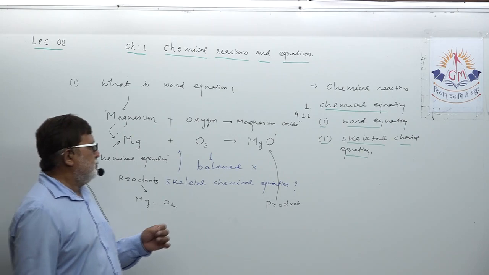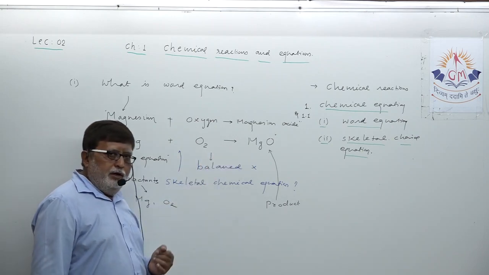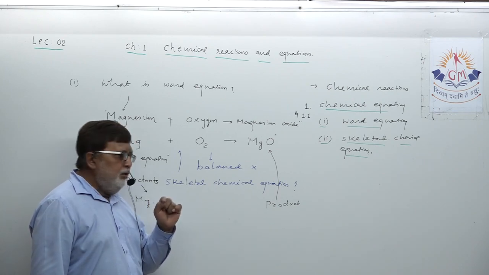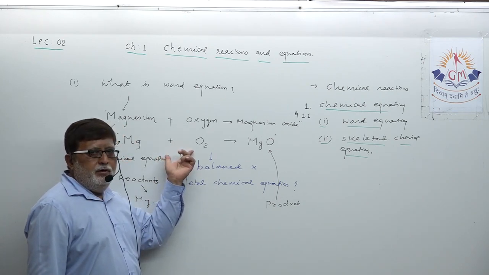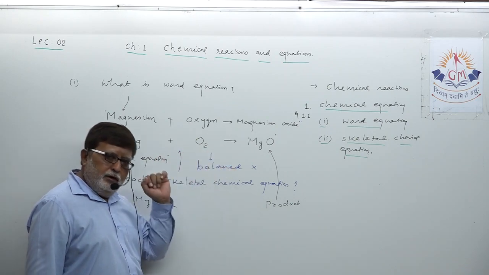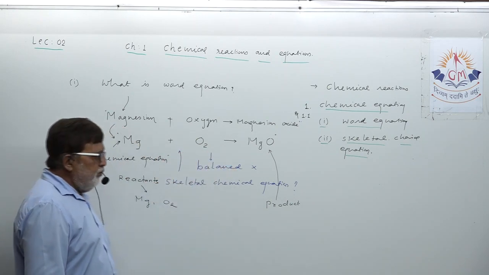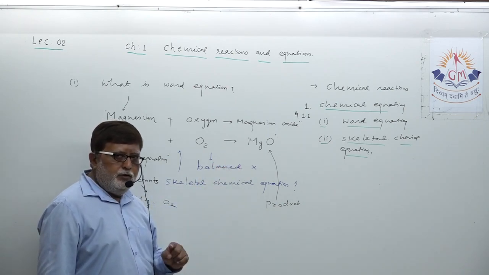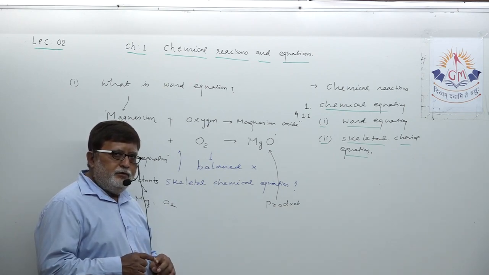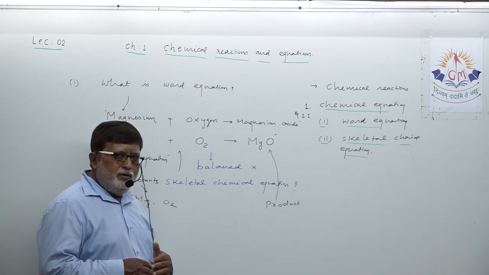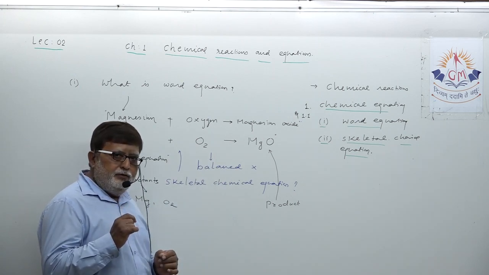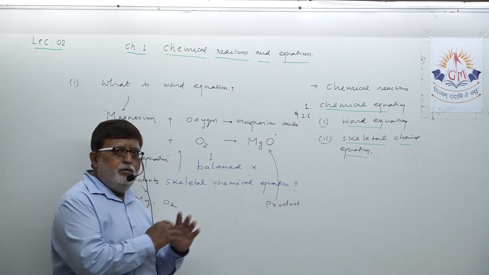Next, features. Arrowhead, a rightward pointing arrow is placed between reactants and products. Understand? That is also one important feature. Arrowhead is showing the direction, or to be more accurate, let us not use the word direction, but we will use the word arrowhead is showing the flow of the reaction.